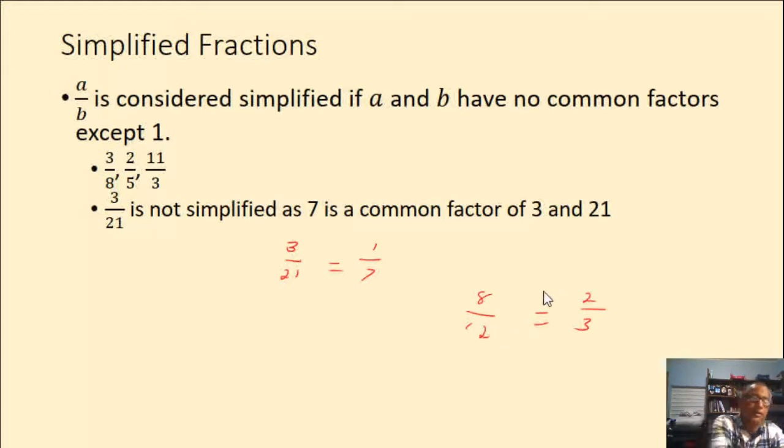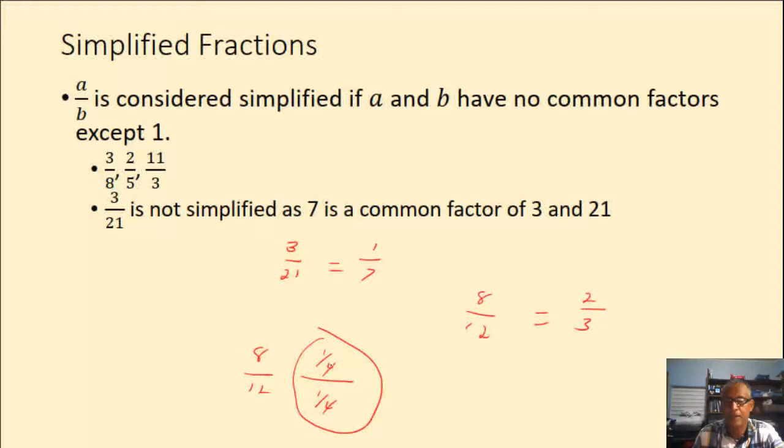So how can we be sure that this number is the same as this number? Well, if I multiply 8 over 12 by 1/4 over 1/4, what's this number here?